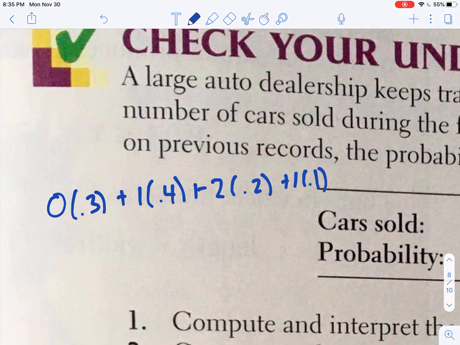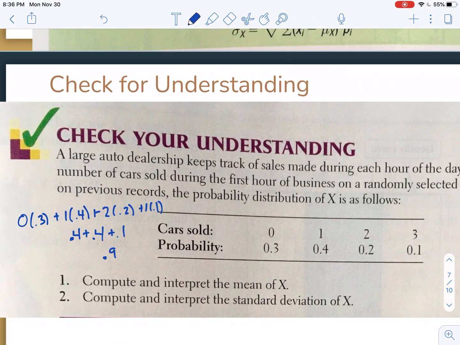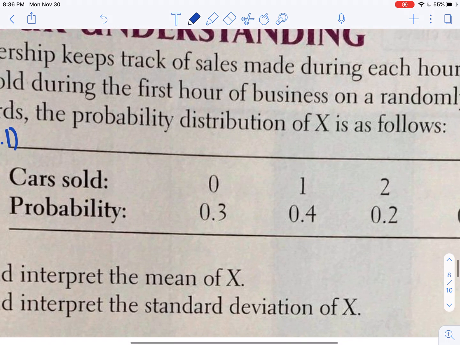So that goes away. We've got 0.4 plus 2 times 0.2. I know that that's 0.4, but I'm still using my calculator. So that's 0.4, and then this is plus 0.3. So this is 1.1. So the mean value is 0.9 cars.